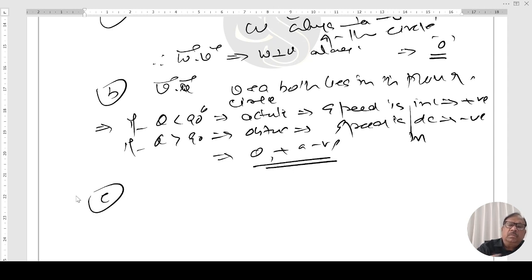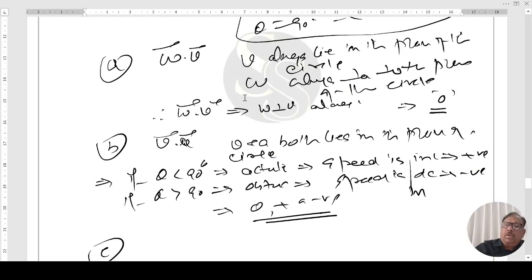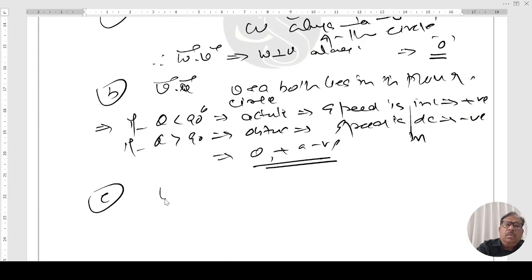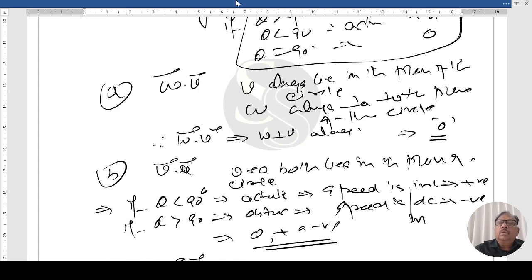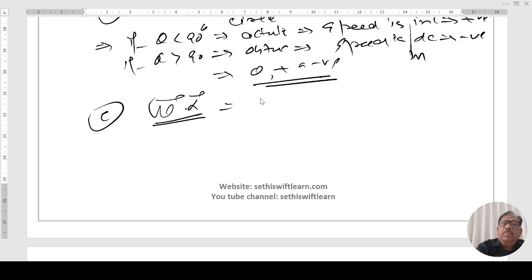C part is omega dot alpha. In this case, theta may be 0, parallel, or theta may be 180 degree, anti-parallel.